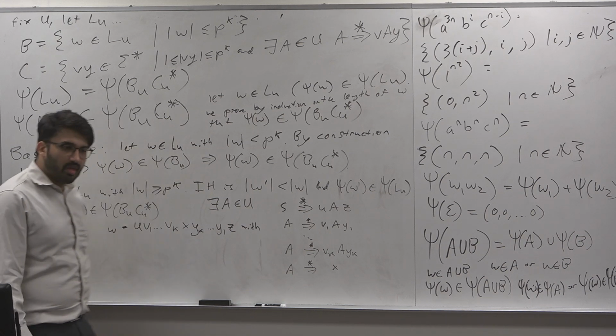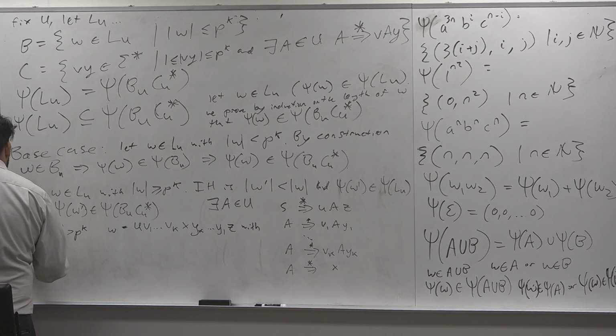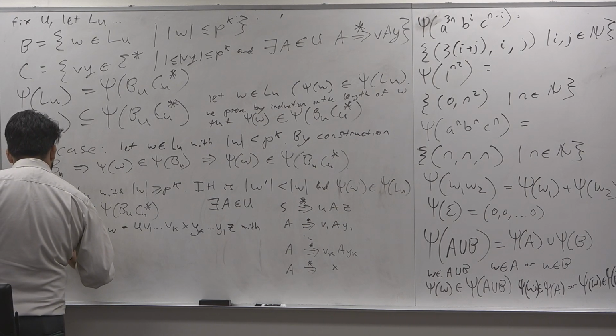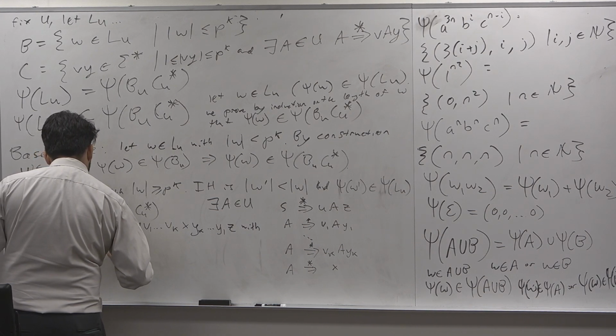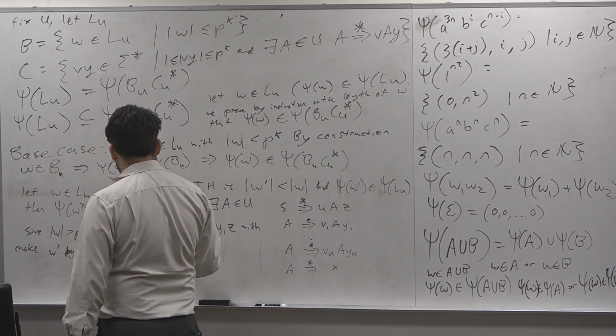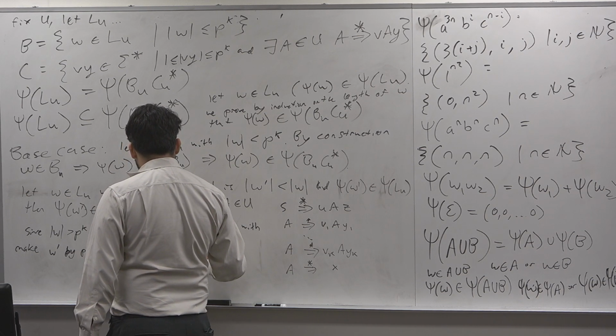If you forget to do that, then you're going to make W prime by pumping down some VI AYI rule, right?